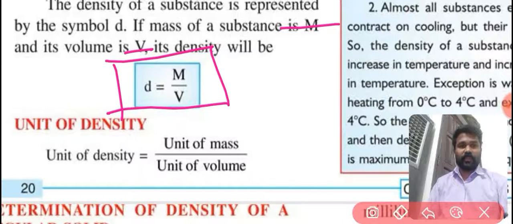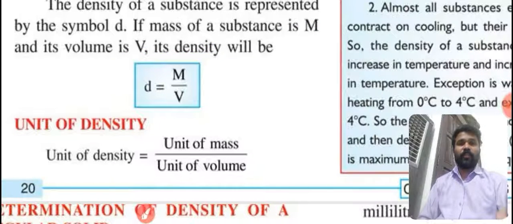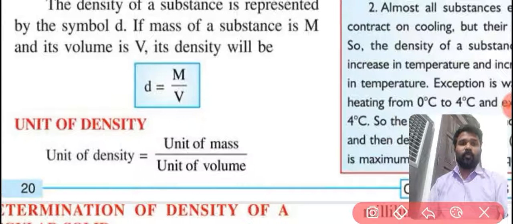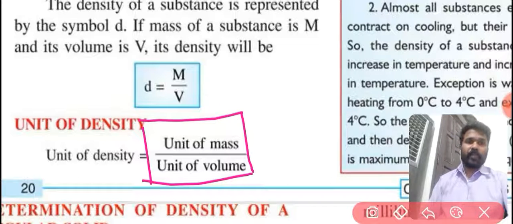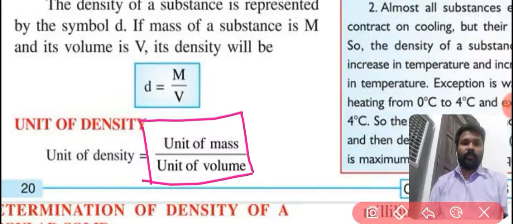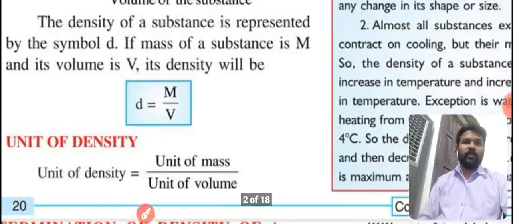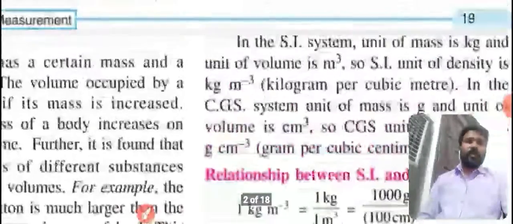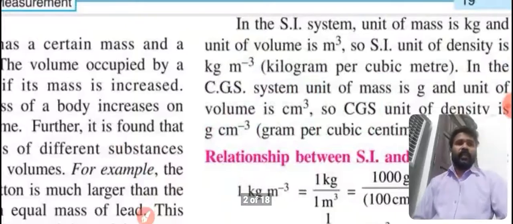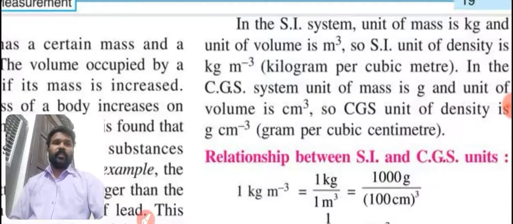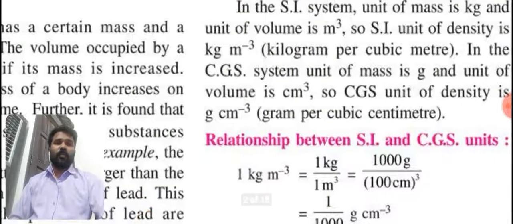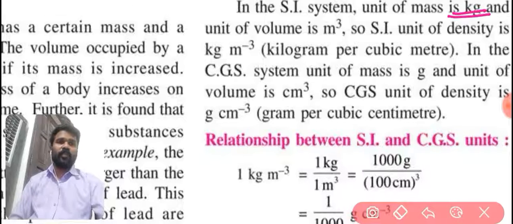Now we are going to discuss the units of density. The unit of density is equal to the unit of mass divided by the unit of volume. In the SI system, the unit of mass is kilogram and the unit of volume is meter cube.